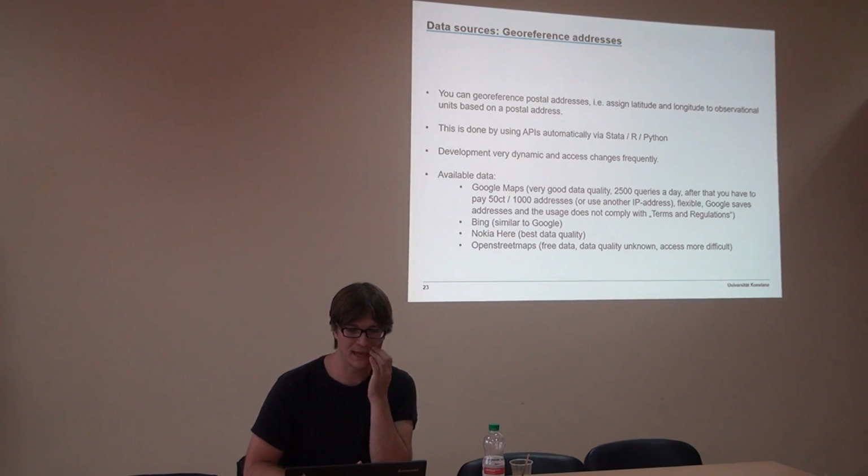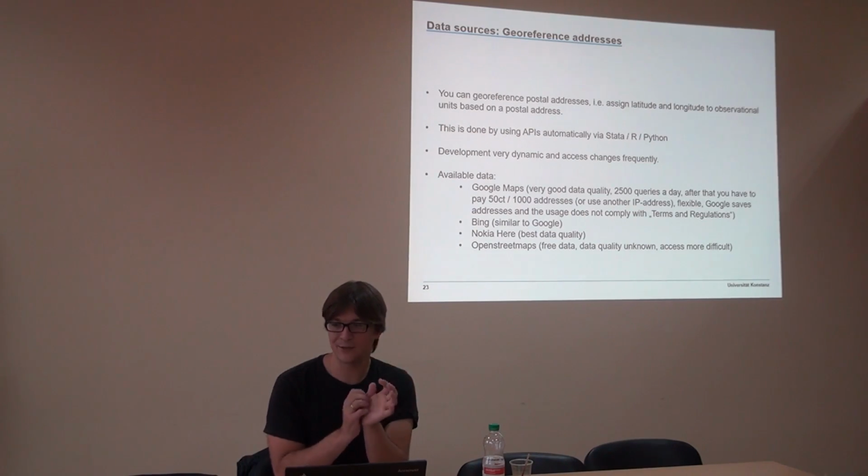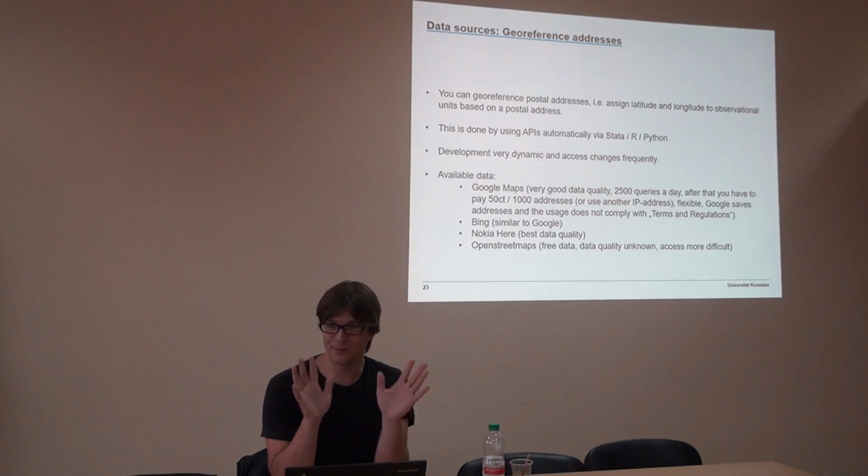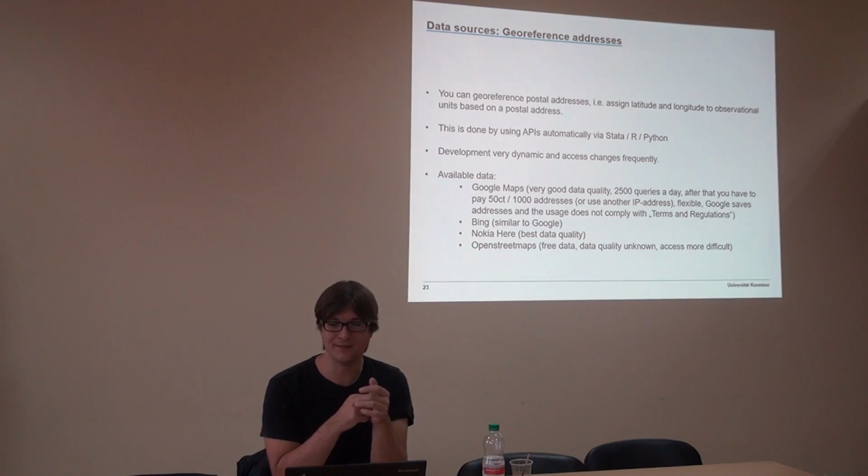This can be done automatically by using APIs, like web scraping, but it's also implemented in R, and there are a lot of Python scripts out there that can do it for you.